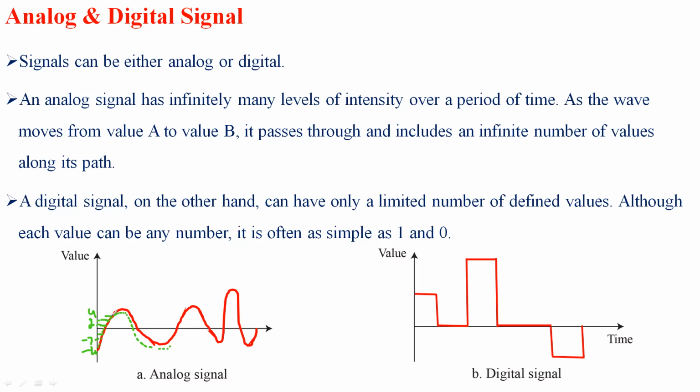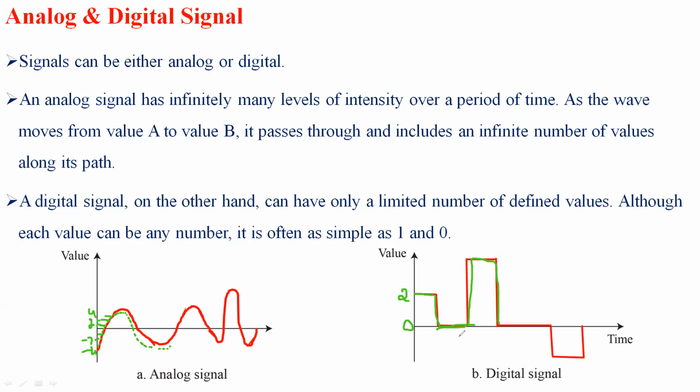But in the case of a digital signal, here we have vertical lines which show a sudden jump from value to value. For example, if it is 2 and then 0, it will show a sudden jump from 2 to 0, and it eventually increases to some other values, and jumps again.